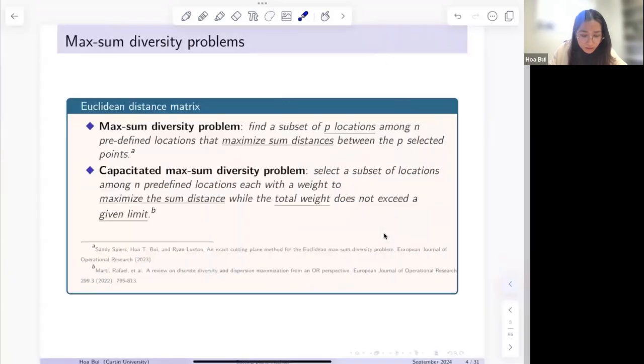The second generalization or variant is the capacitated one, where you replace the cardinality constraint by a knapsack constraint, meaning that the weighted sum of your selected locations cannot exceed a given limit, or any constraint that you could think of, like the one that I presented before.